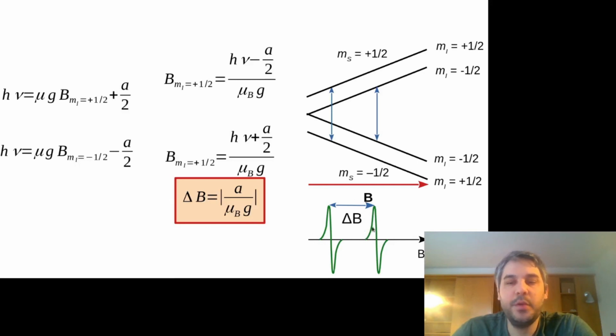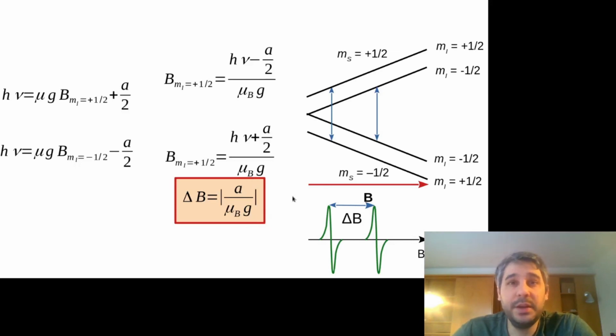So for example, if we measure in a certain spectrum that the separation between the two lines is 5 millitesla, that is not the correct way of expressing that quantity. We have to multiply it by the g value and by a couple of constants like the Bohr magneton and the Planck's constant, and we have to express that in megahertz.